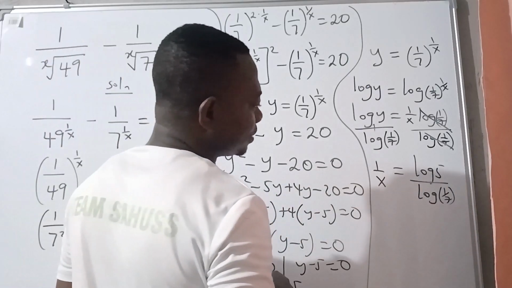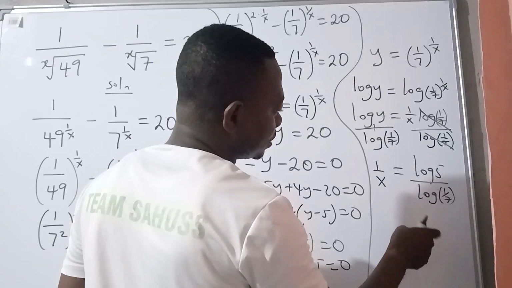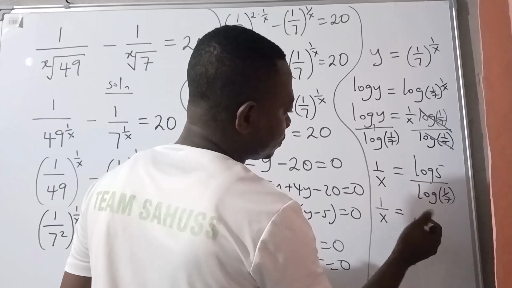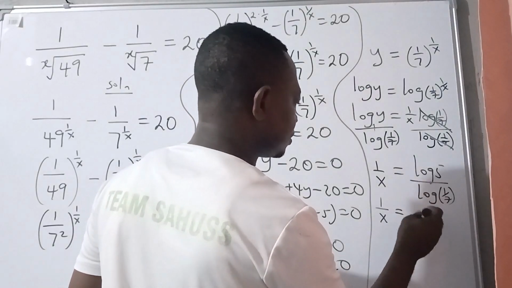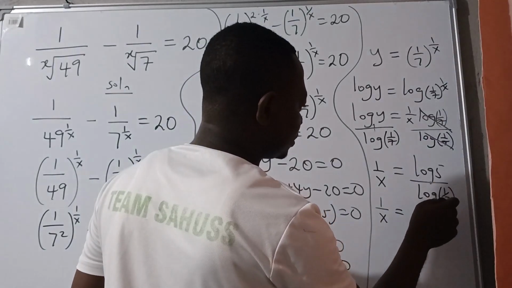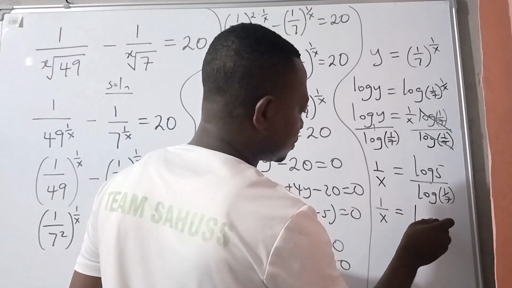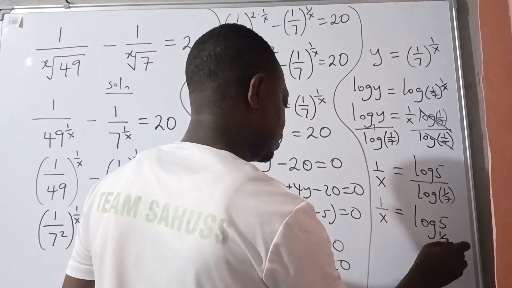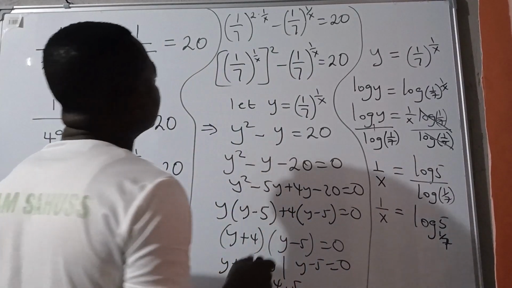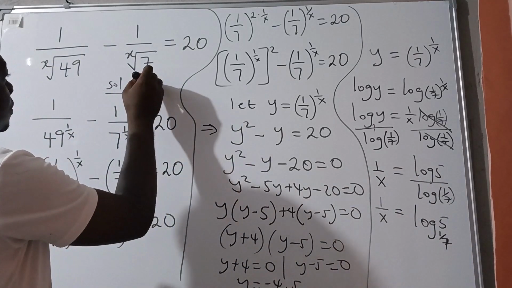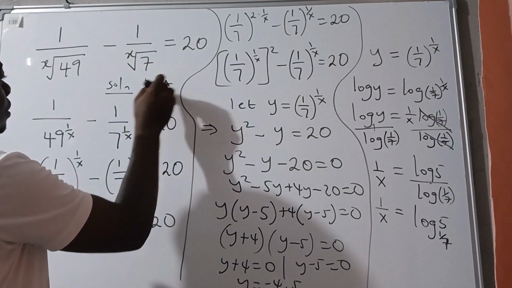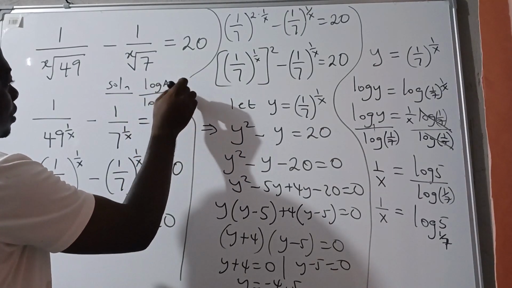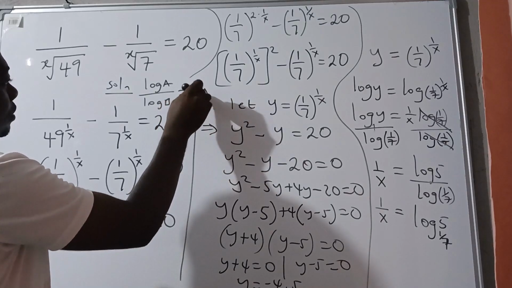Now from here, we can manipulate this one. That will be 1 over x. So this side, when we have this over that, is the same as log 5 to base 1 over 7, following this rule: log a over log b is log a to base b.